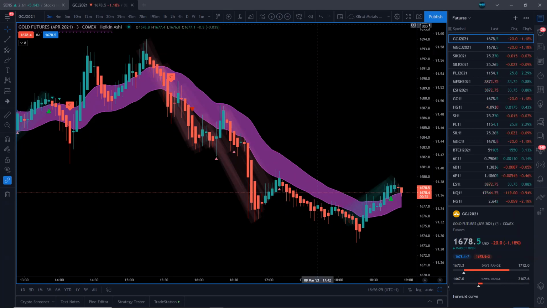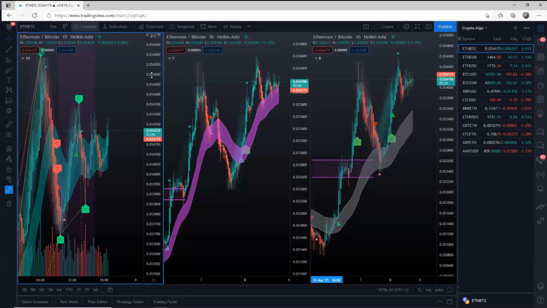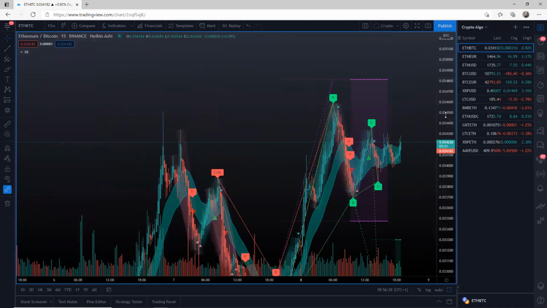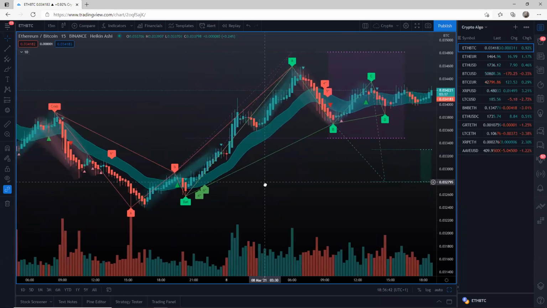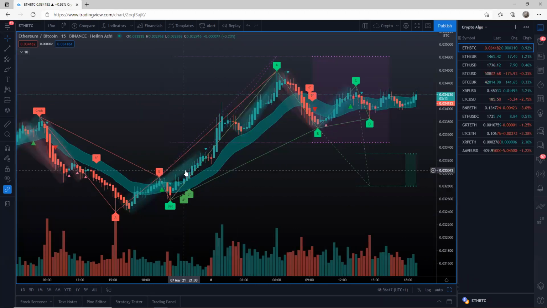I would use the Divergence Cloud. Well, I use the Divergence Cloud every day. It doesn't matter whether you're spot trading Bitcoin, for example, ETH, BTC, I use the cloud. I've been working on this for some time now, and the Divergence Cloud gives me confirmation.